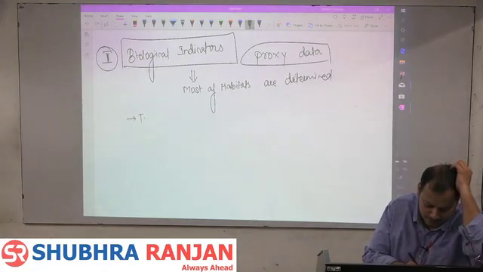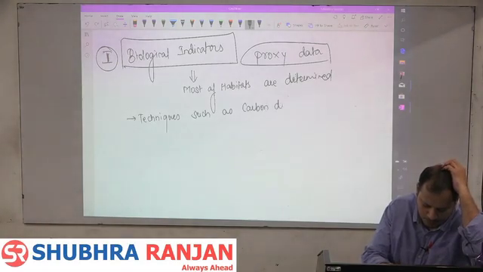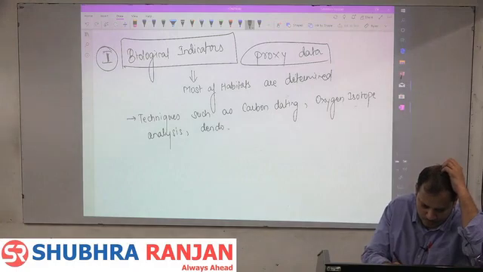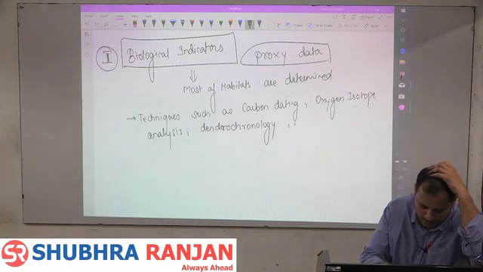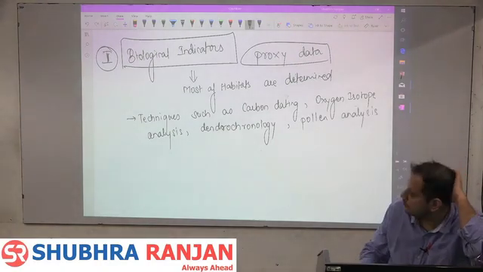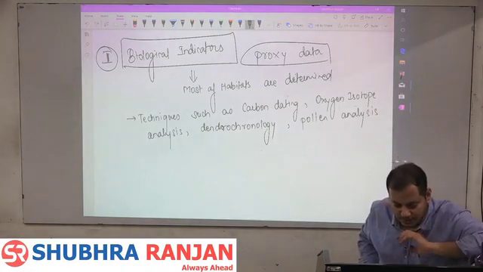Next point. Techniques such as carbon dating, oxygen isotope analysis, dendrochronology, pollen analysis are used.